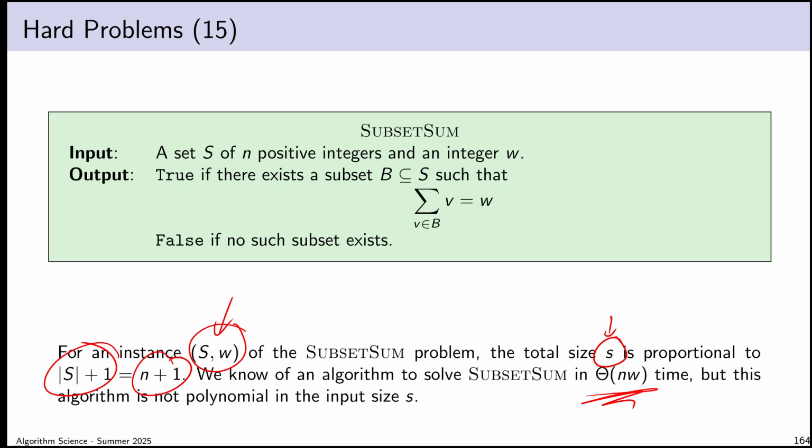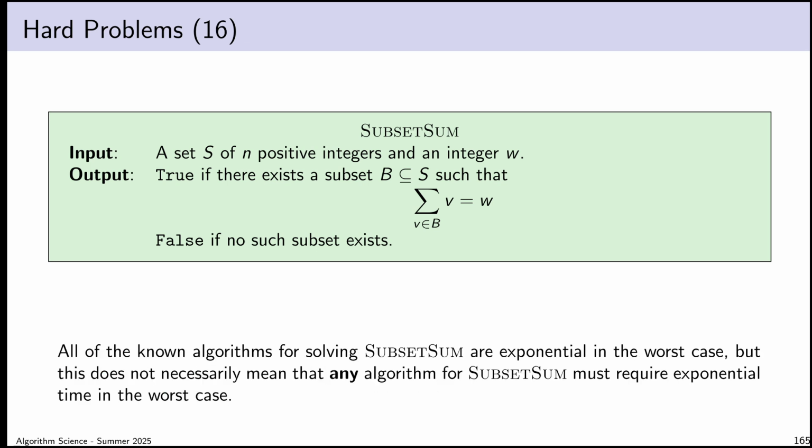W is not proportional to the input size. And so all of the known algorithms for solving subset sum are actually exponential in the worst case. We've seen a couple, we've written a couple ourselves, but nobody's found a polynomial time algorithm in terms of the input size. The problem with this is that just because all of the known algorithms are exponential doesn't mean that all algorithms are. Maybe somebody one day will find a polynomial time algorithm for subset sum.